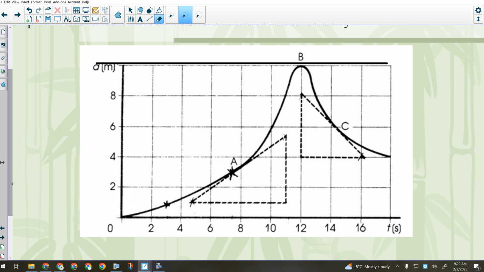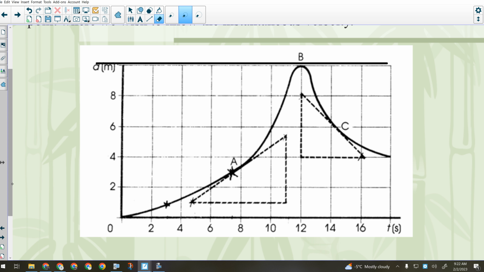Where is the object speeding up? Part A, definitely. Anywhere else? From B to C. Part of the way from B to C, yes. Not the whole way, but part of the way.